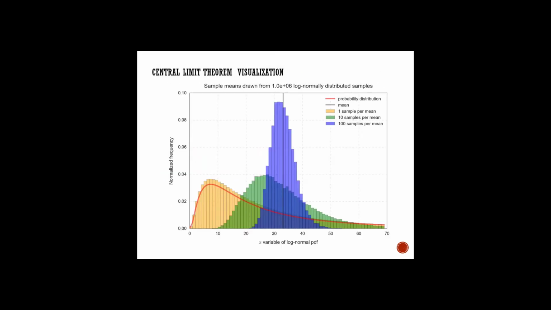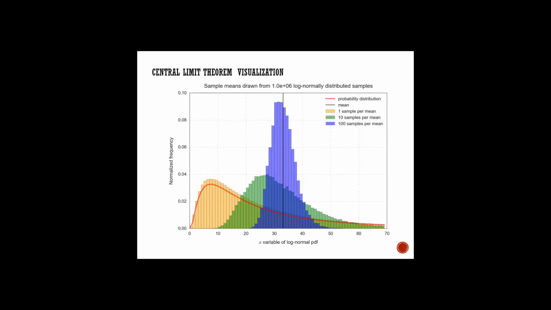So let's look at what this looks like visually. These are examples of samples that were pulled from populations or from data that was skewed, and you'll see if we have a smaller sample size, as you can see in this lower one, the gold colored curve, we have a skewed distribution.